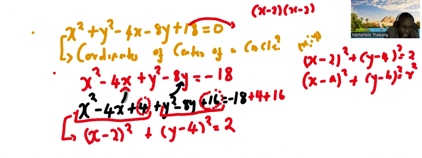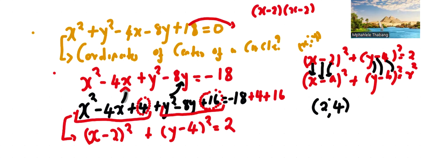This implies that this x is this x, this negative is this negative. So this 2 is my a. Remember, a is the x point at the center of a circle. So my x coordinate at the center is 2. This y is this y, this negative is this negative. This 4 is my b. So the y coordinate is 4. So the point at the center of the circle is (2, 4).